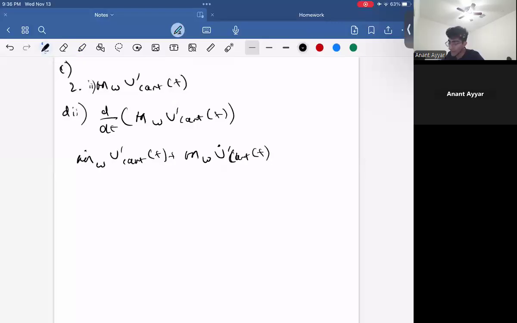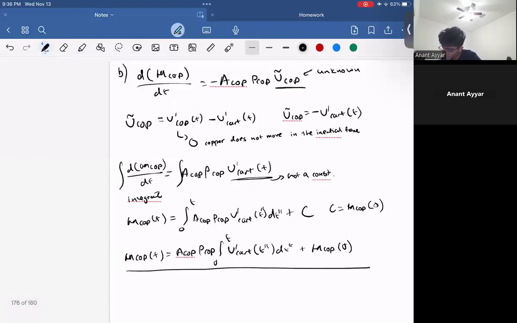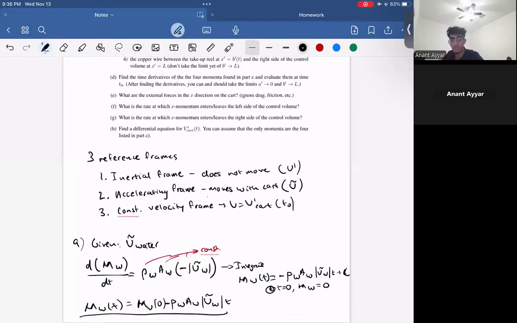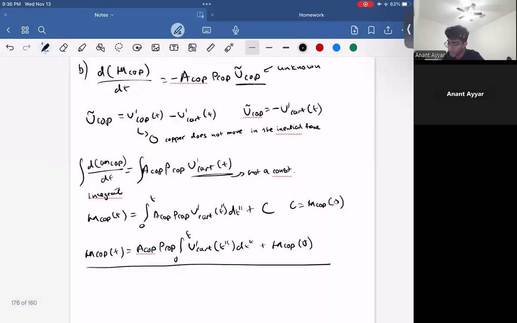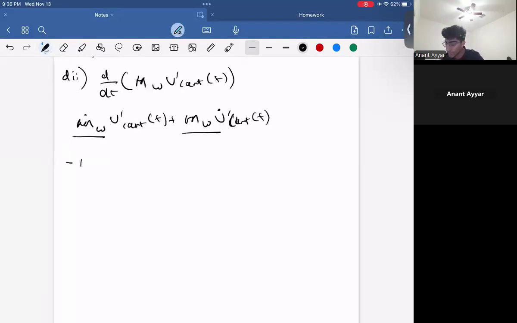Okay, and now this equation and this expression are known because we got that from the first part over here. So if we just substitute those inside of there, we can get the final expression for the time derivative of the momentum.